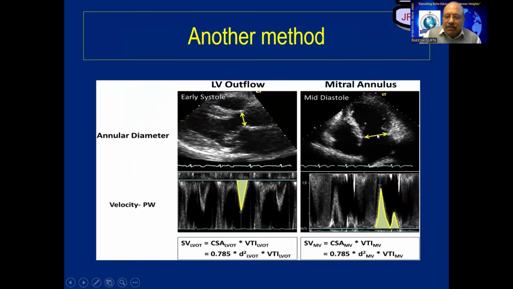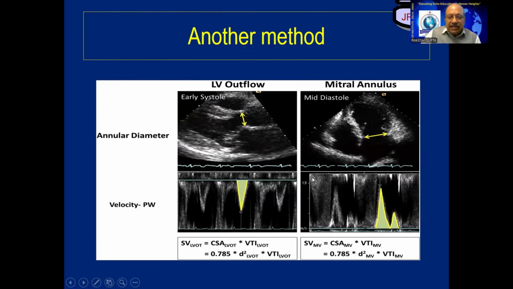This diameter will give you the radius, and with the radius you can calculate the area of the mitral valve at the annulus level. Look, I did it at the LVOT, I did it at the mitral annulus, the mitral valve inflow. Then what I did, I put a sample volume at the mitral valve to get the mitral valve VTI.